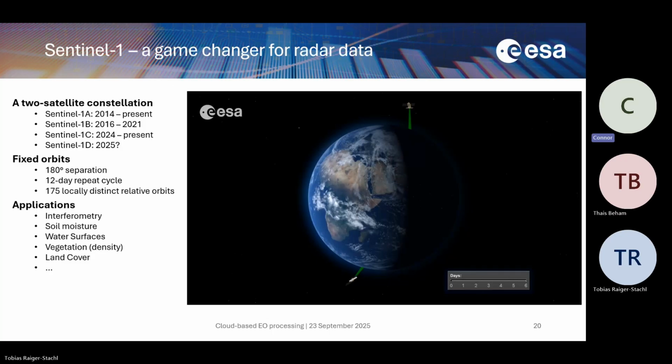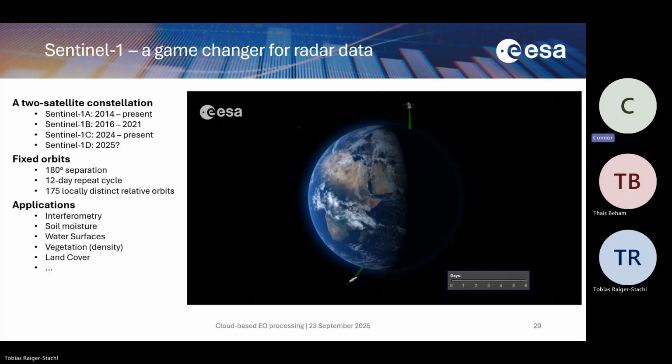But what I would like to stress today, as an important aspect of this mission, and also why the title is "A Game Changer for Earth Observation Data," is that Sentinel-1 was really the first mission paving the way to an acquisition plan that is consistent and allows us to have a range of benefits and therefore a lot of applications.